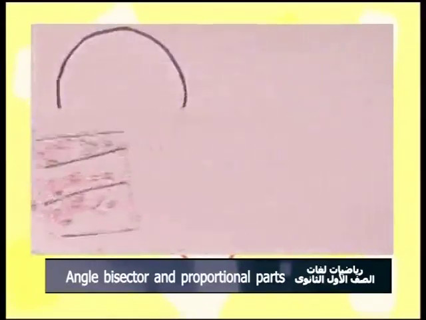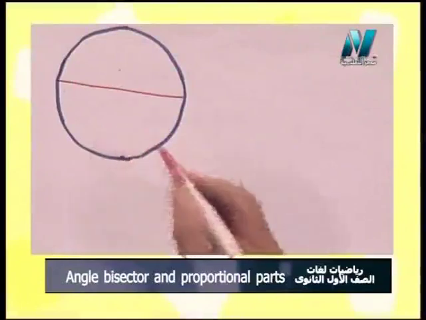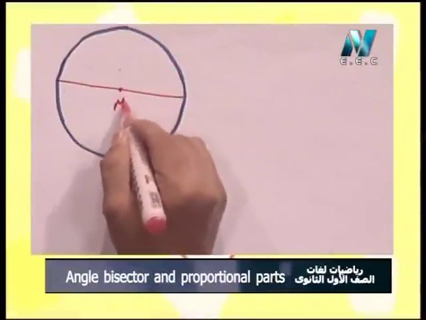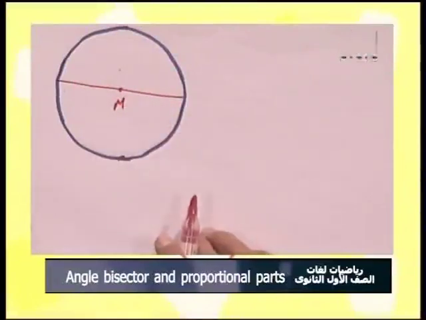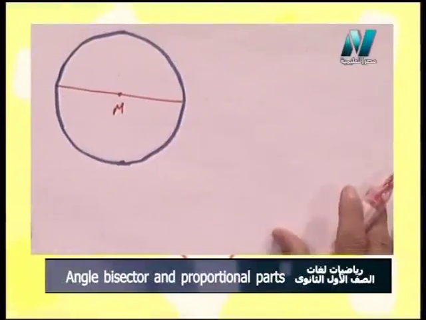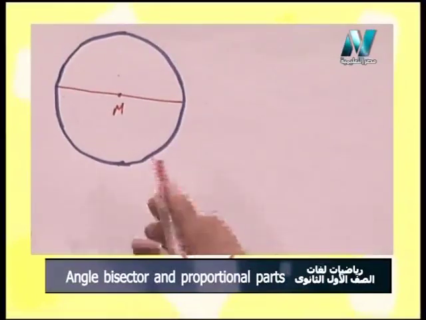We have another circle for you. Here we have a circle, and its diameter equals 12 centimeter. This is the circle M, and the diameter equals 12 centimeter.